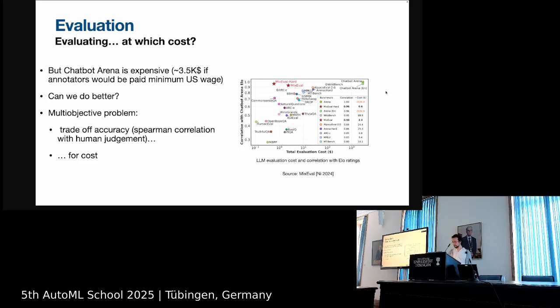And then for instance MMLU that I mentioned, it's here, with a correlation of like 82% or something, and the cost is $10, because you actually have 50,000 questions and you need to go through them, and this has a cost.